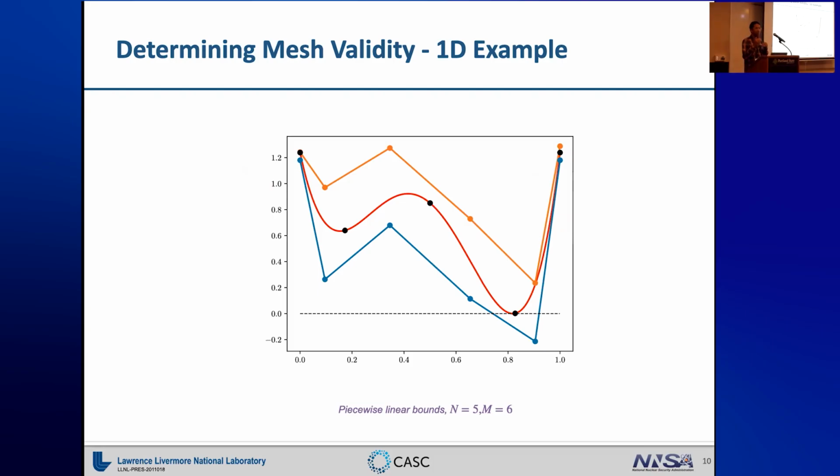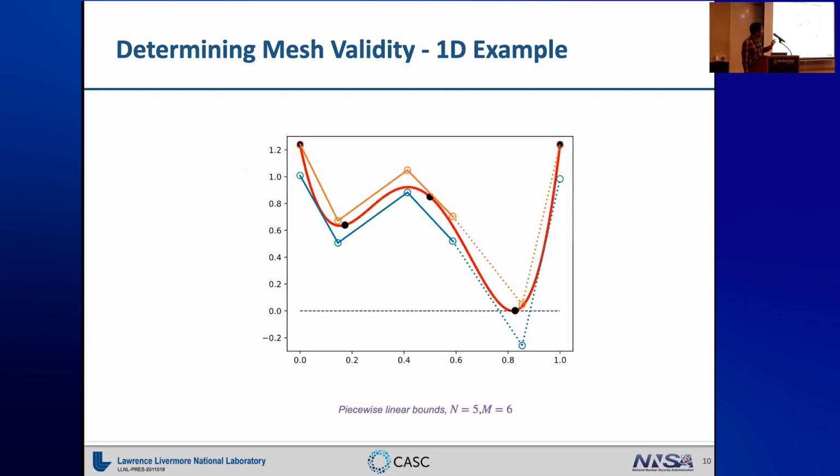Since it's just a piecewise linear envelope, I check the value at each of the points, and I see at one of those points the lower bound is negative, but the upper bound is positive. So in that region, I'm not sure if it's completely positive or not. Then I can just refine my bounds, or just bound that part of the function, and that gives me tighter bounds in that area.